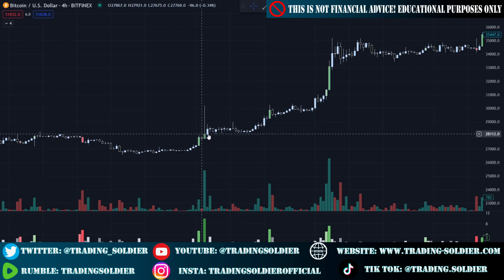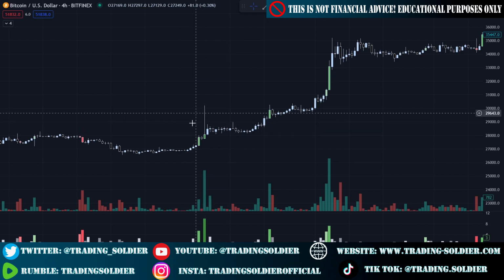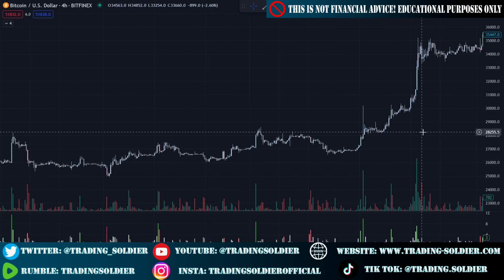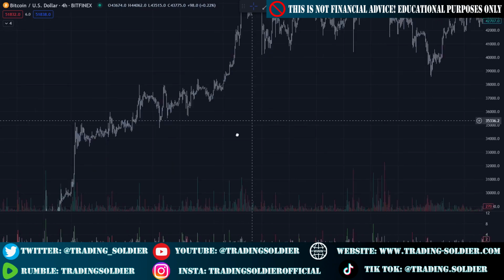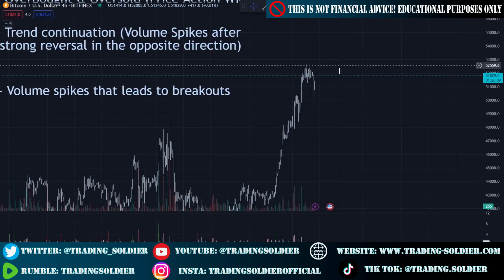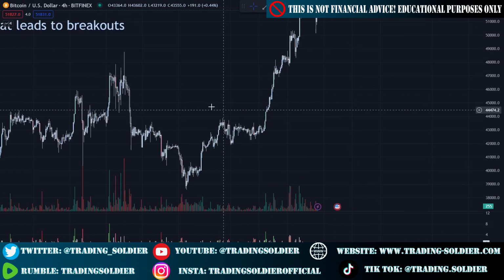But this was a very well executed manipulation to fool you into selling here if you are trading based on volume. And then you will miss out on all this major uptrend up to the current price levels.